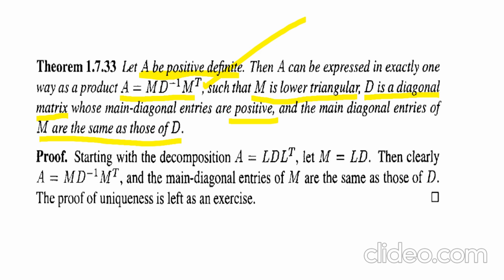We start with the decomposition that we can write A in terms of L D L transpose. Let A be a positive definite matrix. Therefore, it can be written in the form of L D L transpose. And now we assume that M is equal to L D. Then clearly A is equal to M D inverse M transpose.